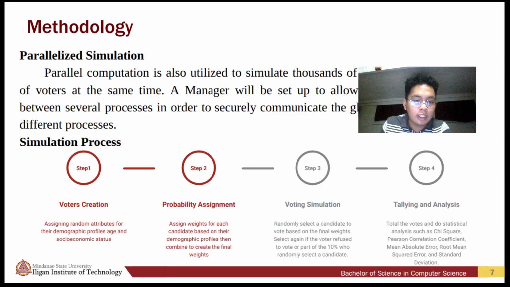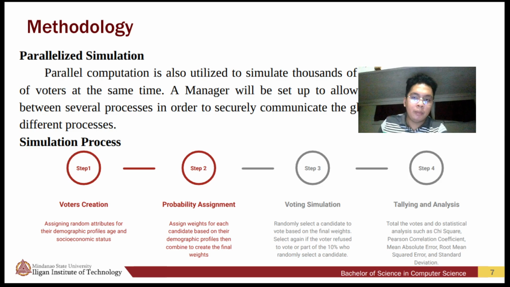Then the next is the assignment of probabilities, which is tackled in the modeling and simulation part, where surveys generate weights or probabilities for the chances of voters choosing a specific candidate. Using those surveys based on age and socioeconomic status, voters will be assigned probabilities.